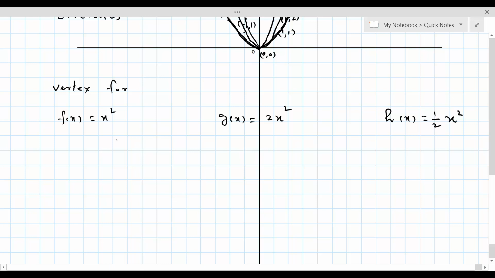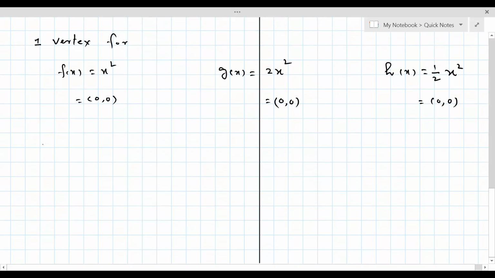Vertex in all these three cases is equal to 0, 0. So for this it is 0, 0, and for h of x it is 0, 0 as well. So the stretch or shrinking doesn't affect the vertex. So the vertex stays the same. This was our first element.